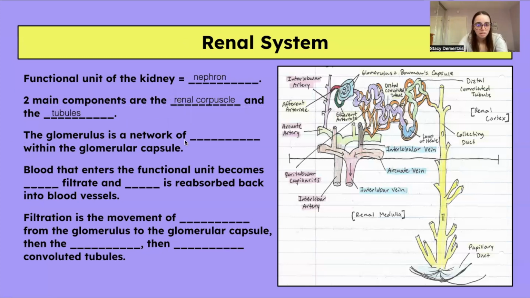So the glomerulus is a network of specific type of vessels, if you will. And these vessels that make up the glomerulus are enclosed within the glomerular capsule, otherwise known as the Bowman's capsule. So which type of vessels do we see within the glomerulus?